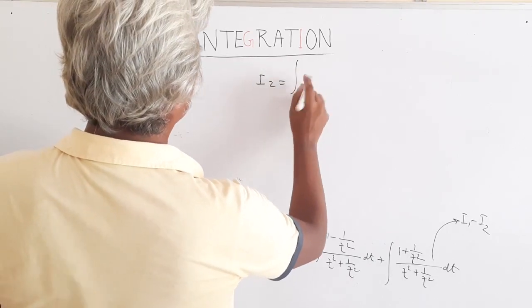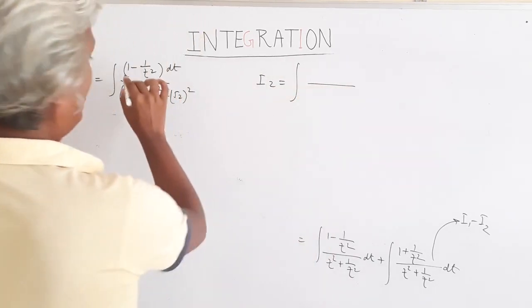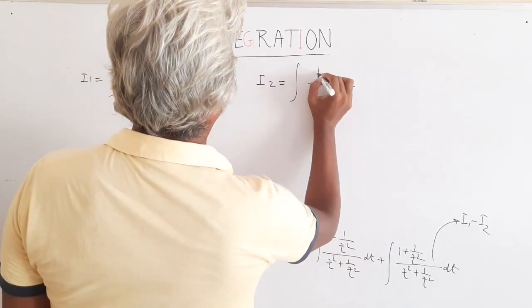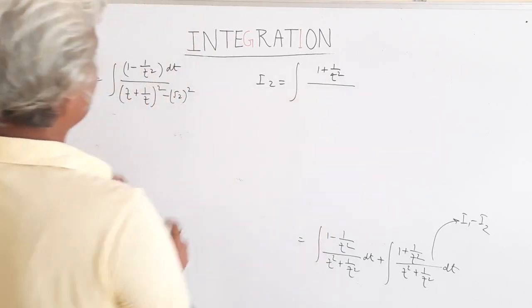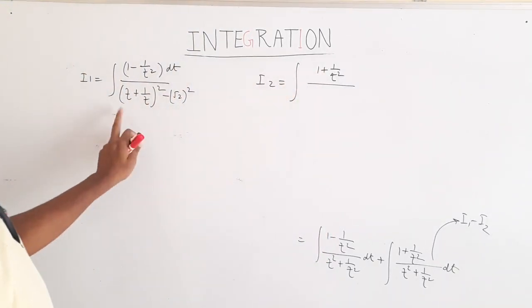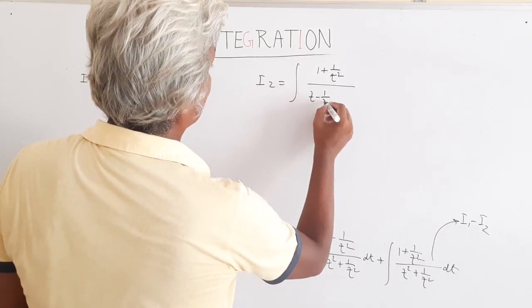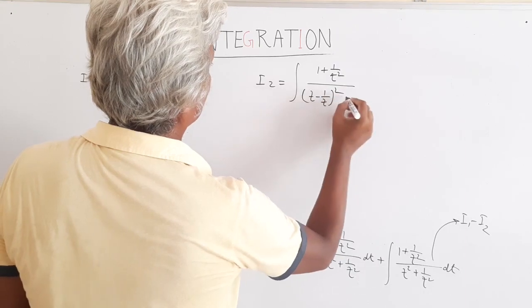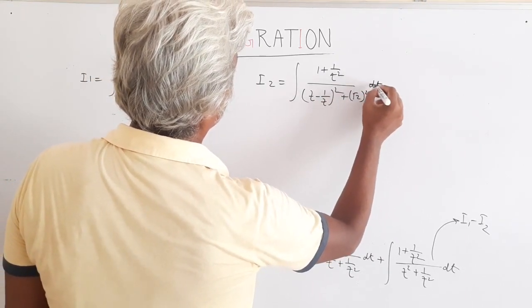So I2, on the top we have 1 plus 1 over t square. Because we have plus, we need to make this a function of t minus 1 by t whole square. So there I write t minus 1 by t whole square, and this will be plus root 2 square dt.